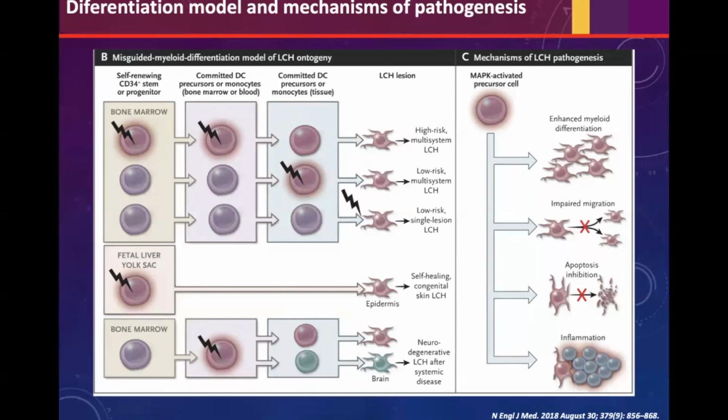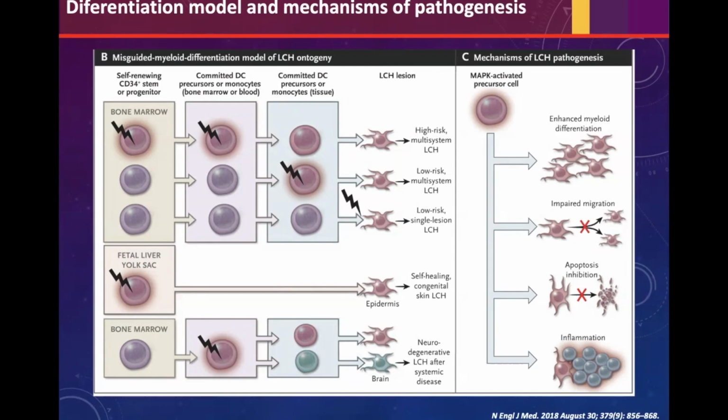According to this model, the stage of differentiation in which the myeloid cells acquire activating MAPK mutations determines the extent of disease. So the high-risk multisystem Langerhans cell histiocytosis arises from self-renewing stem or progenitor cells from bone marrow, and the low-risk multisystem Langerhans histiocytosis arises from MAPK activation of committed dendritic cell precursors or monocytes.